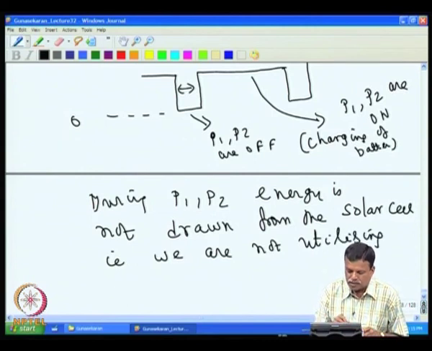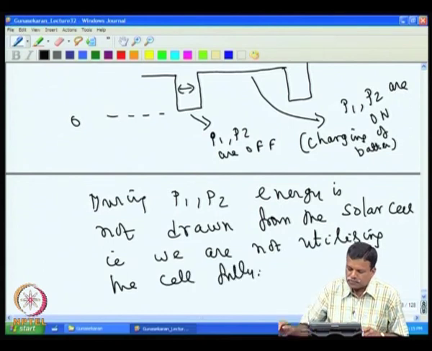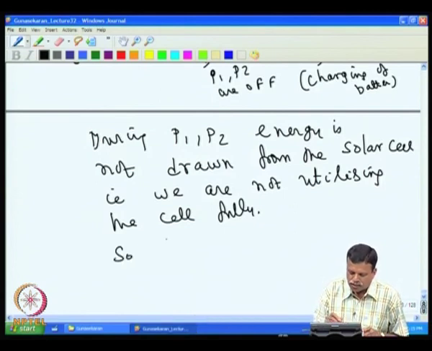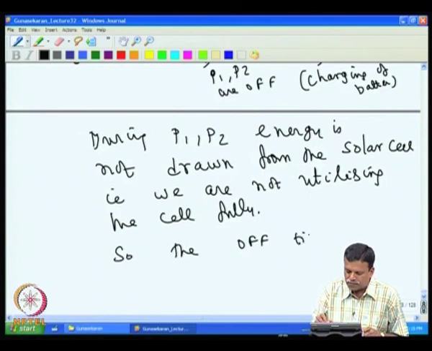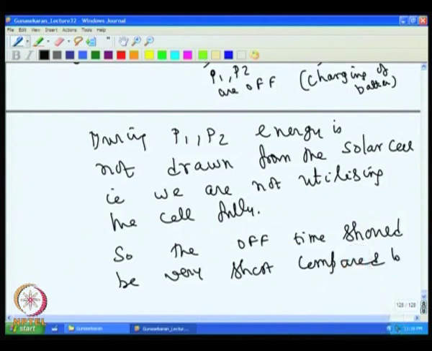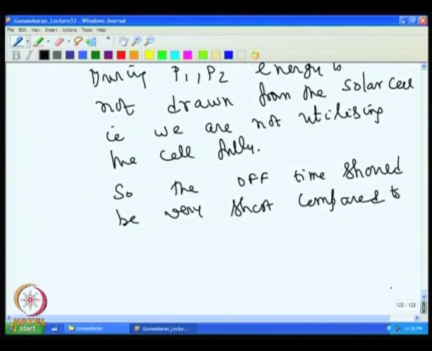So, the off time of P1 and P2 should be as short as possible, should be very short compared to the on time.